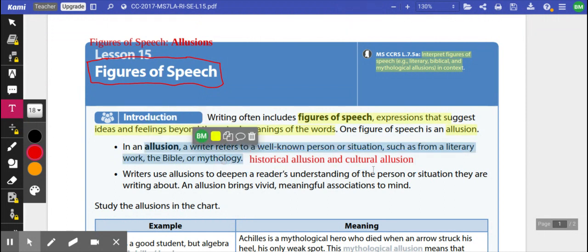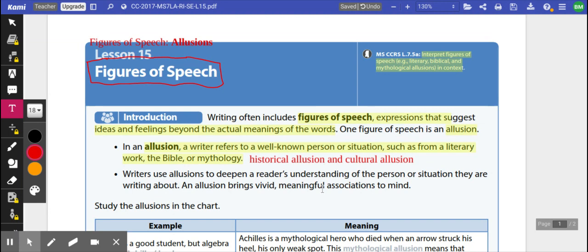So we're going to add to that because it just makes me happier. Writers use allusions to deepen your understanding about what you're reading, so they're assuming that you understand what they're talking about.